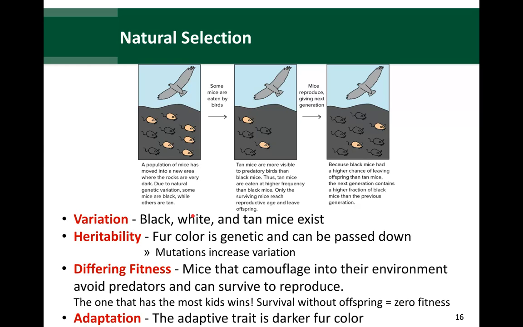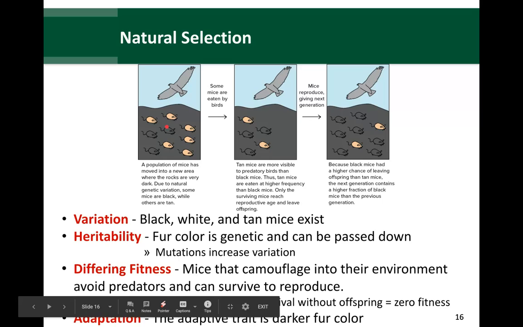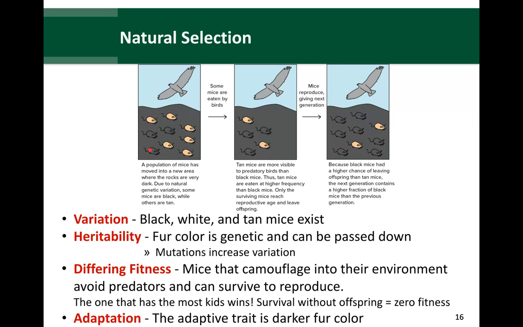So perhaps this mouse has a black allele and this mouse has a tan allele. So in this population, there's black and tan alleles. By this point in the population, there's more dark alleles. So an allele is just a copy of a gene. Here the gene is fur color, and there's darker copies of that gene and lighter copies of that gene. But by the end here, you see that there's more copies of the darker gene, or we say darker alleles.